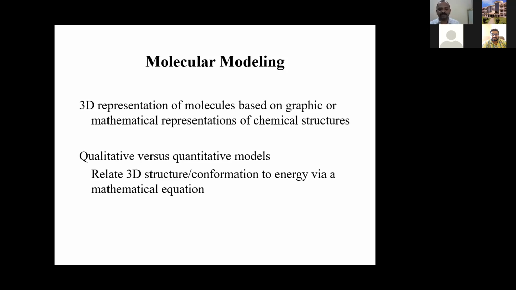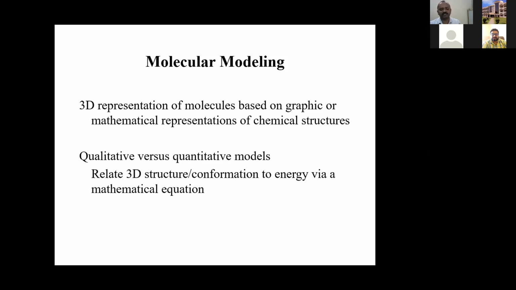This is what we have to learn a lot, especially in the development of algorithms for software packages. So the qualitative versus quantitative models relate the structures of conformation to the energy versus the mathematical equation.